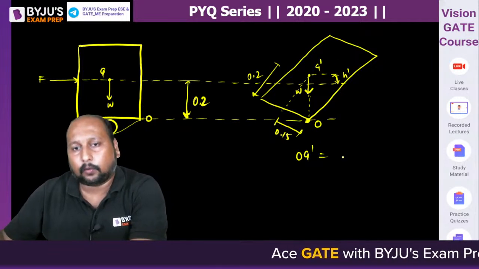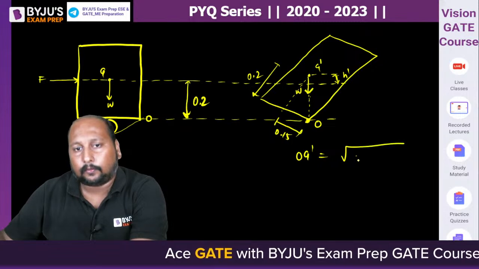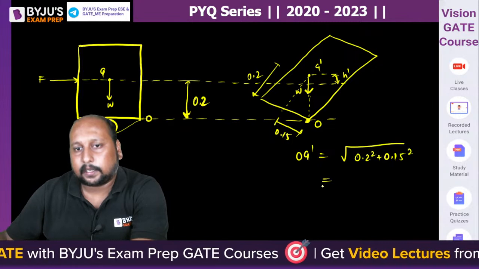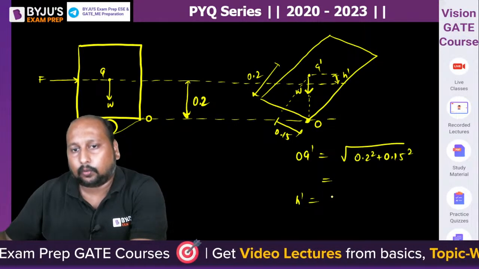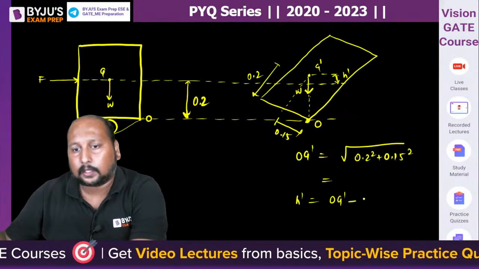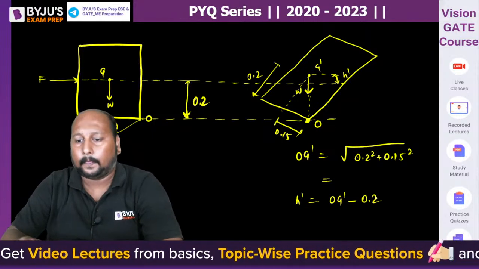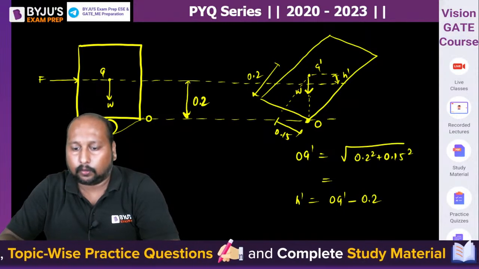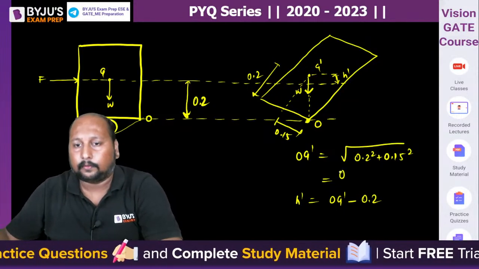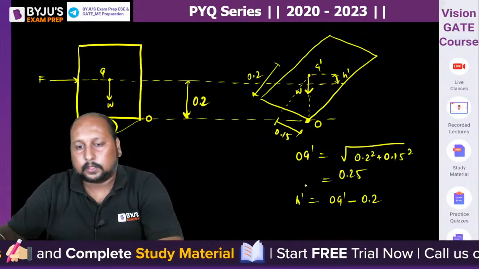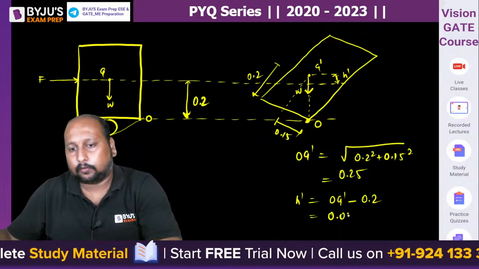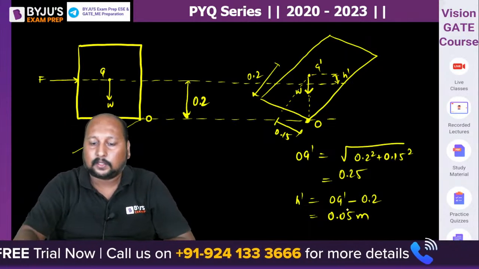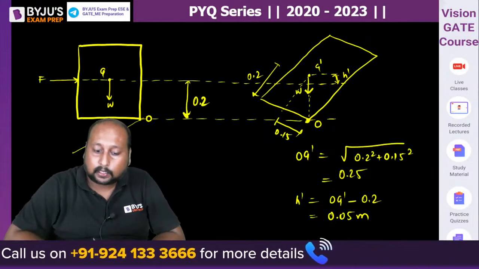OG dash is equal to under root of 0.2 square plus 0.15 square. यहाँ से OG dash आ जाएगा. So h dash will be equal to OG dash minus 0.2. कितना आ रहा है? 0.2 square plus 0.15 square, root of this is 0.25. So this is 0.05 meter.